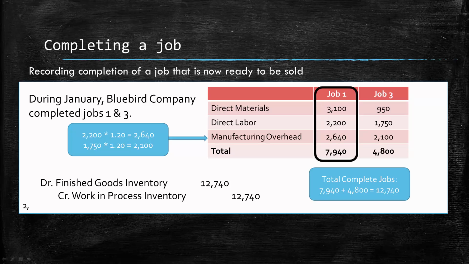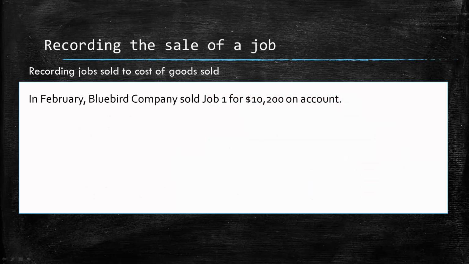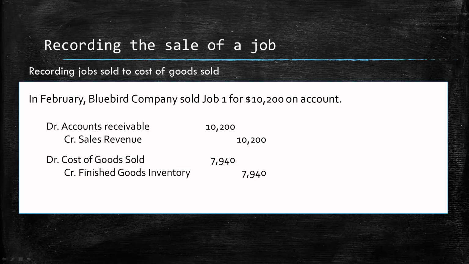So when we go to record our journal entry for the sale, first, we're going to record the sales side with a debit to accounts receivable and a credit to sales revenue for the sales price of $10,200. And now we can record the cost of goods sold with a debit of $7,940 and a credit to finished goods inventory for that cost of the job.